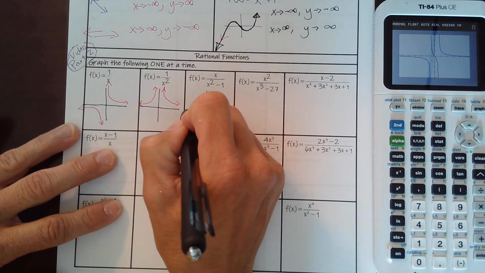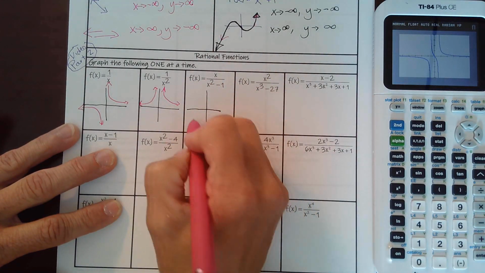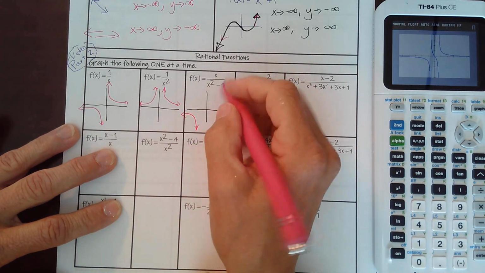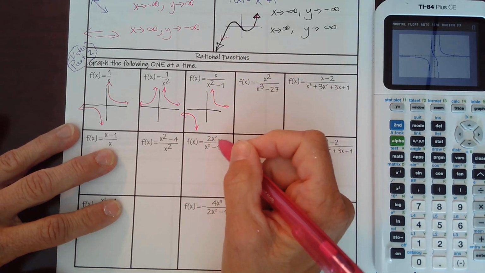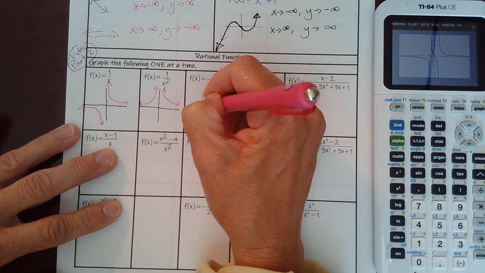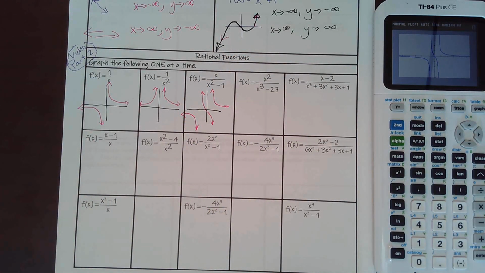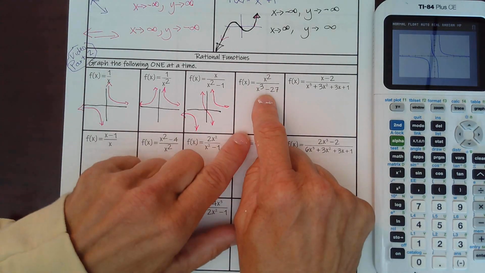Here's what we have. We have a graph that looks something like this. And then in the middle, we have a little branch that looks kind of like that. Okay. All right.